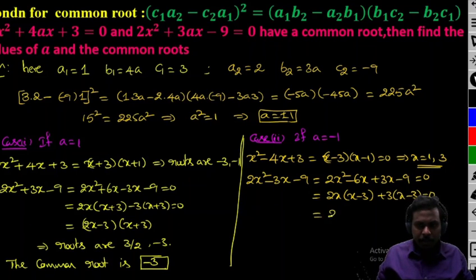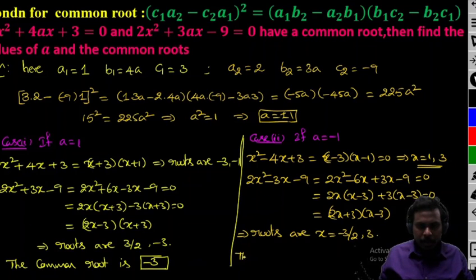So it can be factorized as 2x plus 3 into x minus 3. So this implies the roots for the second equation are x is equal to minus 3 by 2 comma 3. So the common root here is 3 actually.